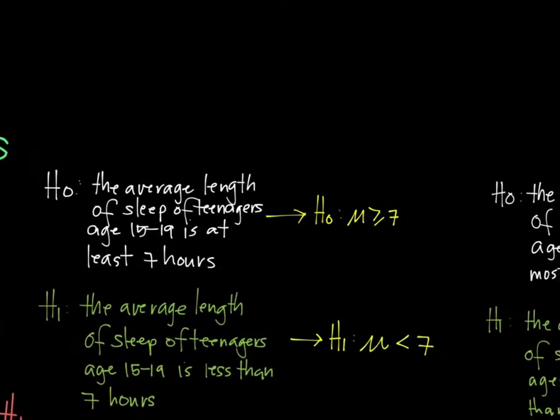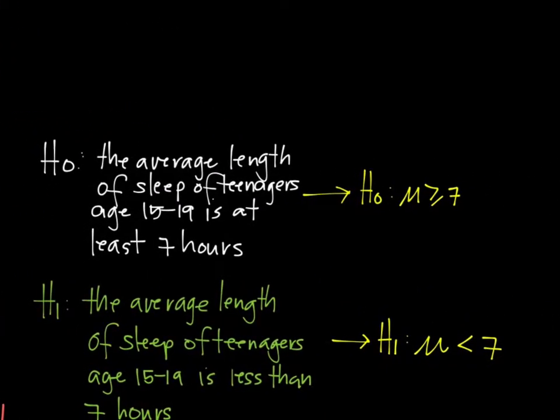Okay, now next example. In other cases, the H0 is not written in terms of an exact equality. Maybe what is known is that the average sleeping hours is more than or equal to 7, or in other words, it's at least 7 hours. So that can be a null hypothesis. So as we can see here, not all null hypotheses will have exactly mu equal to a given number.